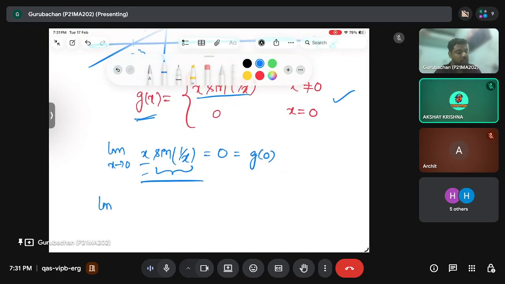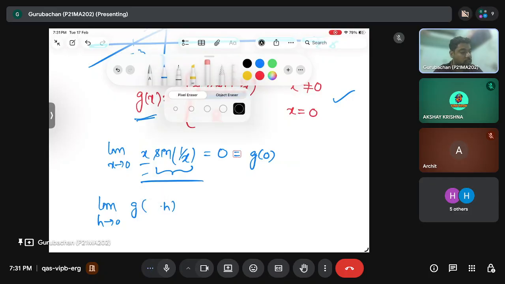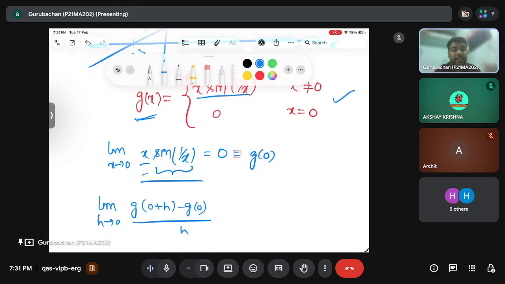Differentiability means the limit as h tends to 0 of g(0 plus h) minus g(0), divided by h, should exist.